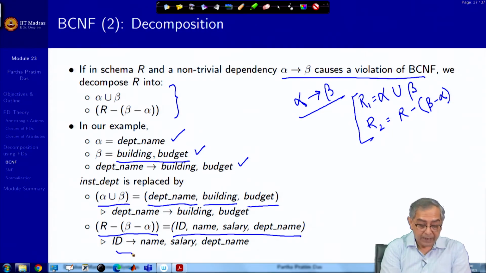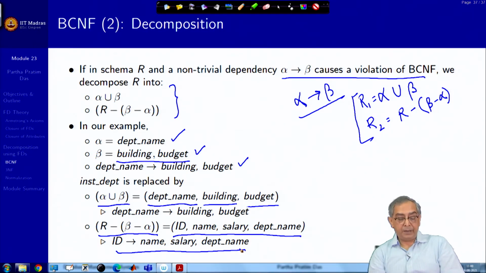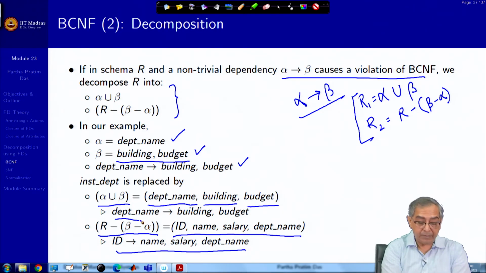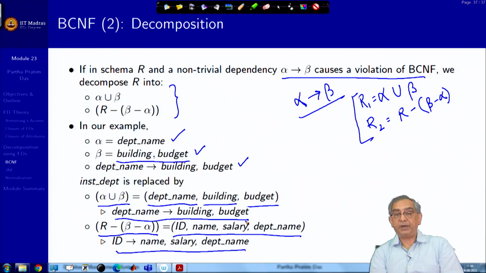Here ID functionally determines name, salary and department name. And in the other relation, department name functionally determines building and budget. So, both of these relations are in BCNF by the second rule, because every non-trivial dependency that holds has a key on the left hand side.